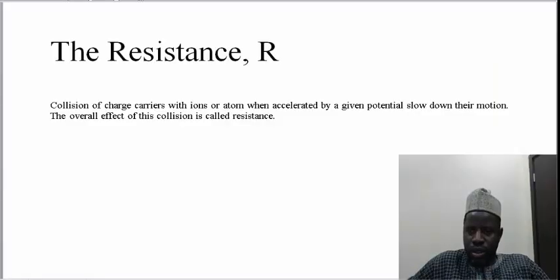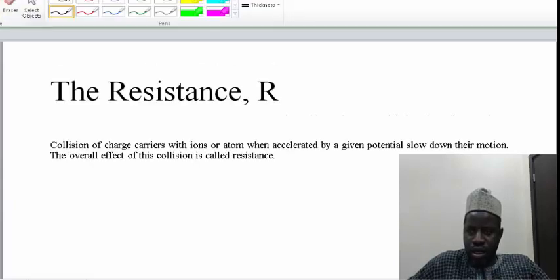Okay, as we have seen in the previous simulation, charge carriers, in our case electrons, suffer due to the collision with the atoms of the conductor. So this collision with the ions or atoms by our charge carriers is going to slow down the motion, and the slowing down means that they are going to be resisted.